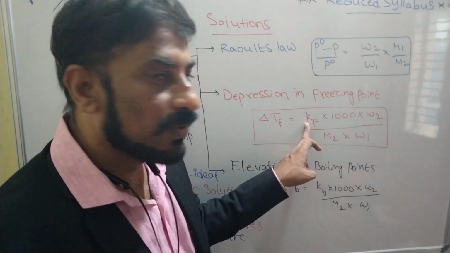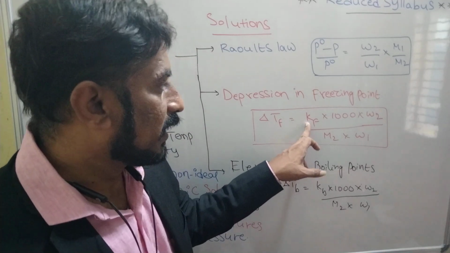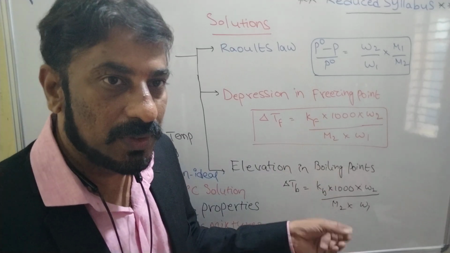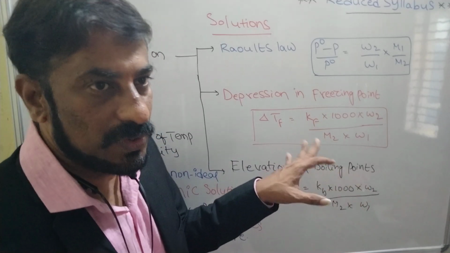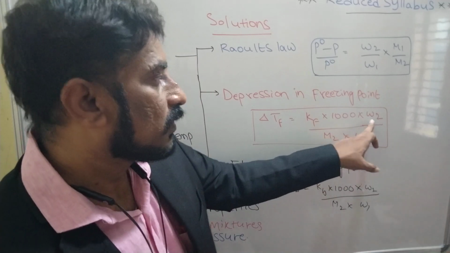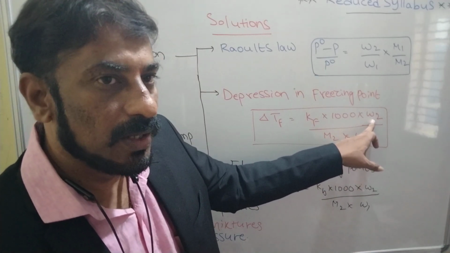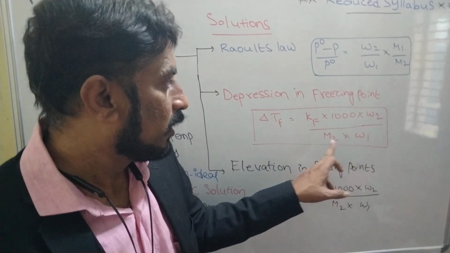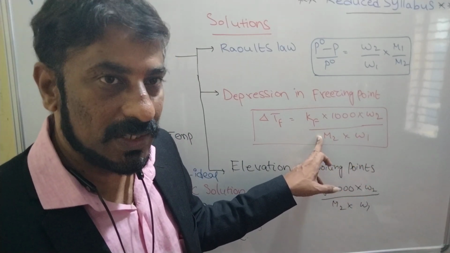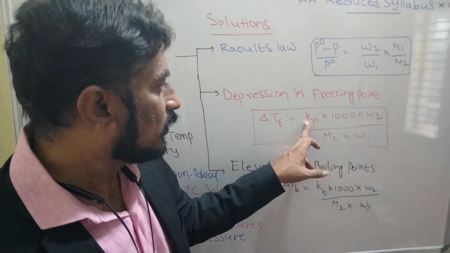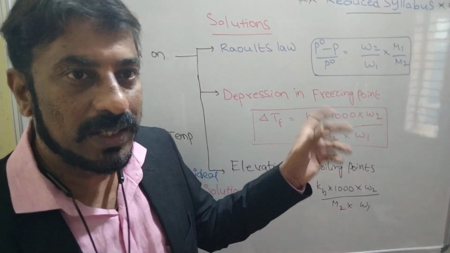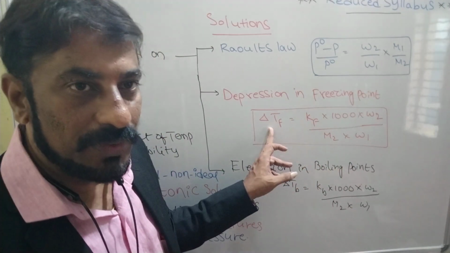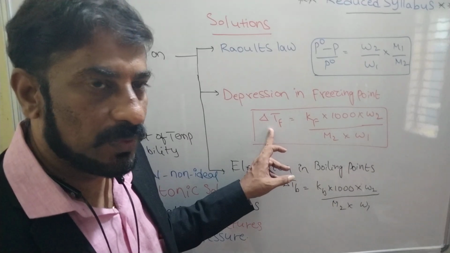Here Kf is the cryoscopic constant, 1000 is a constant, W2 is the mass in grams of the solute, W1 the mass in grams of the solvent, and M2 the molar mass of the solute. Delta Tf is the difference between the two temperature values, and this value is always positive.